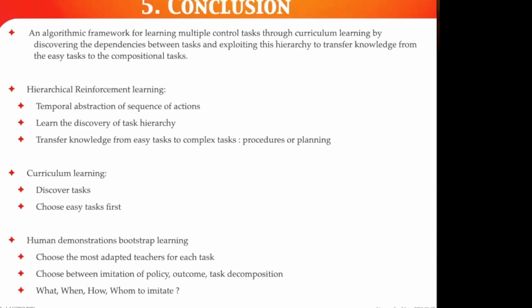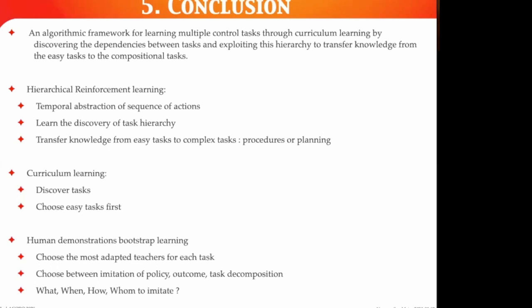And that it can use that to transfer knowledge from easy tasks to complex tasks, either through the procedures or task decomposition or planning. In terms of curriculum learning, our algorithms, SGIM, could discover tasks that were not specified to learn in the beginning, and both SGIM and SGIM could choose easy tasks to learn first before tackling more complex tasks.